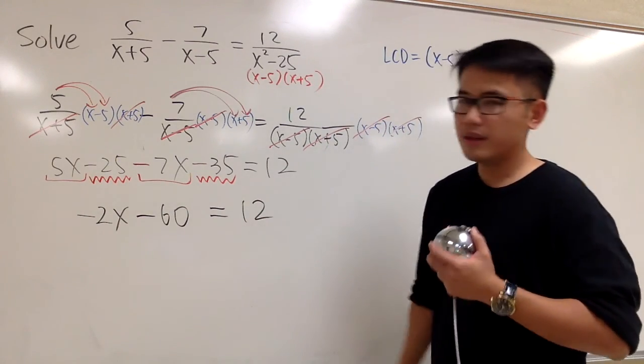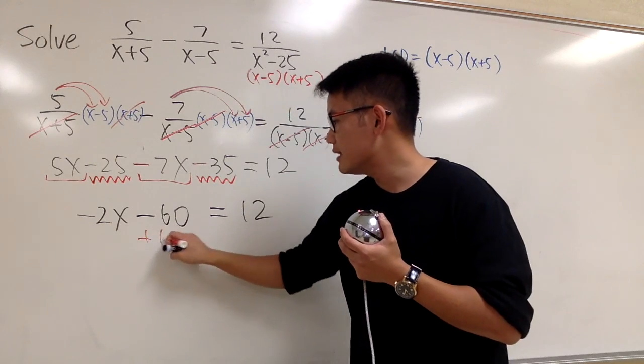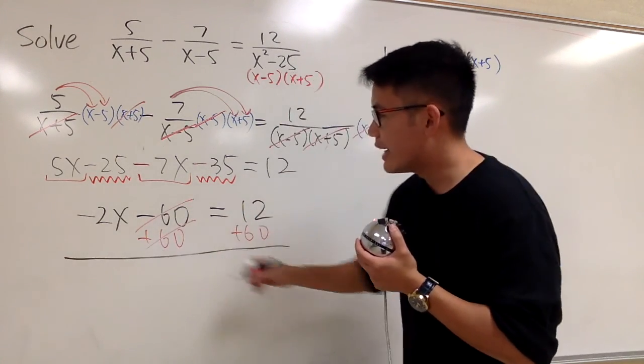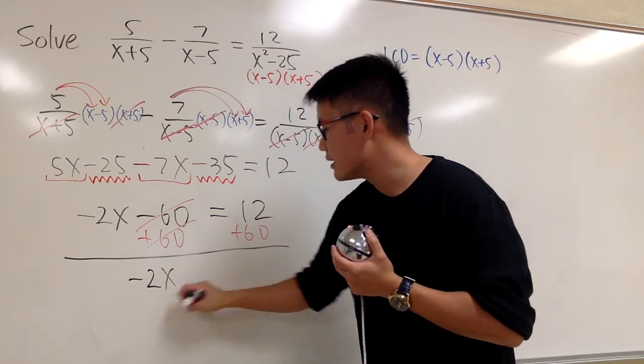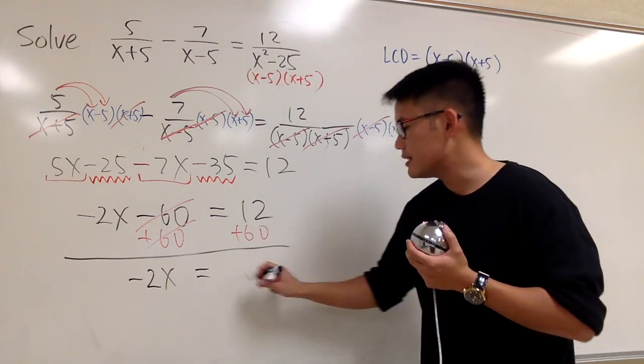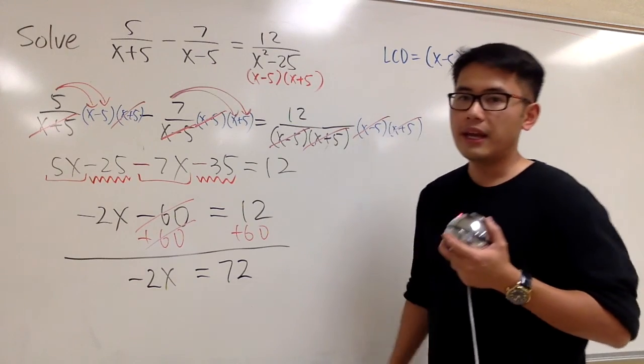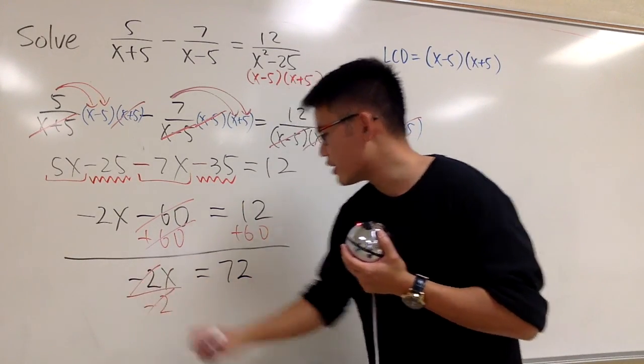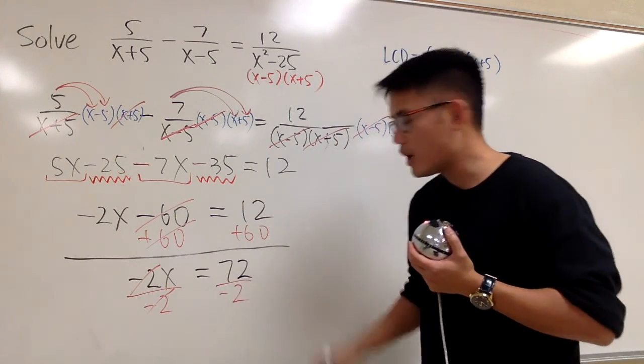And then I can just add 60 on both sides so that this and that will cancel. And then I get negative 2x equals 12 plus 60, that's 72. At the end, divide both sides by negative 2 so that they cancel. Divide this by negative 2 as well.